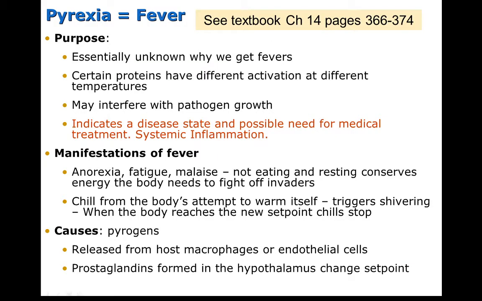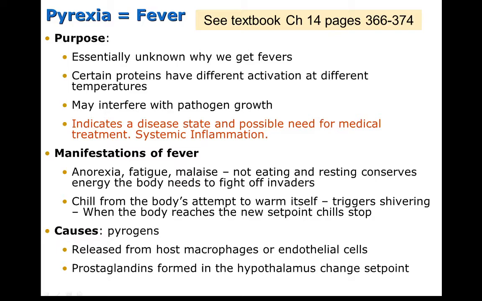Before we conclude the discussion of inflammation, let's talk a bit about fever. Why do we get fevers? Well, that's not really known for sure, but we do know that some proteins and their breakdown products cause body temperatures to rise above the set point established by the hypothalamus.